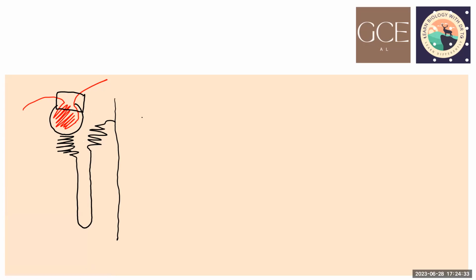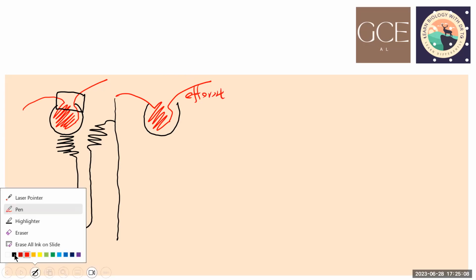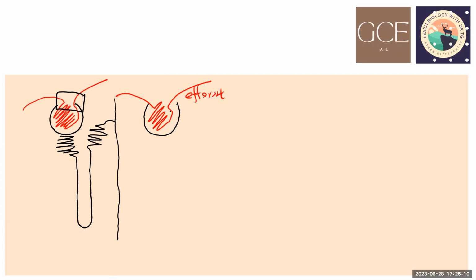Now I slightly alter this structure because we just draw it like this so that we can easily understand. This is easy to visualize. Now, the same structure again: the afferent arteriole, glomerulus, and the efferent arteriole. Now this efferent arteriole is very closely connected with a distal convoluted tubule.